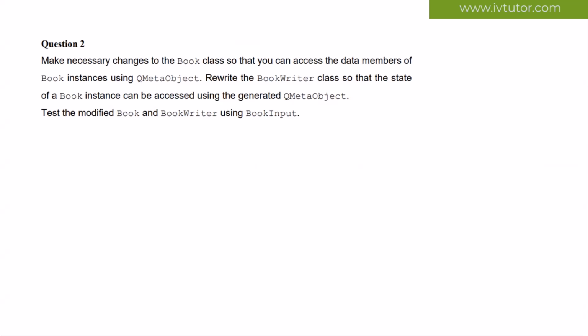So we are going to talk about reflection in a little bit more detail, understand what it is, and understand how to use meta objects and properties to access members of our book instances, which means everything changes from a book to a key object. We are going to introduce properties, and then we're going to access those properties when writing those books to a file. That's going to be question two for you. So you don't want to start question two before you are done with question one.